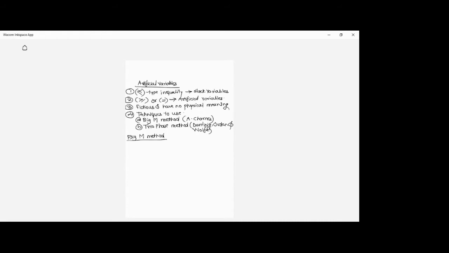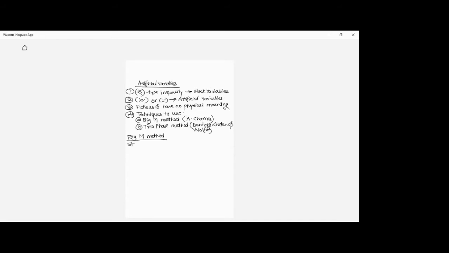Specifically, as we are going to see with the artificial variables, we are going to put a very huge penalty on an artificial variable so that this artificial variable does not come into the picture when we get the optimal solution, right?